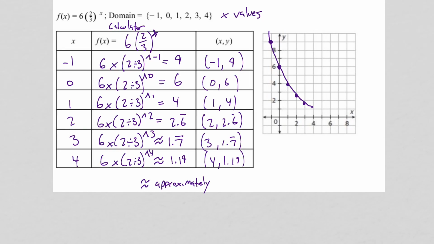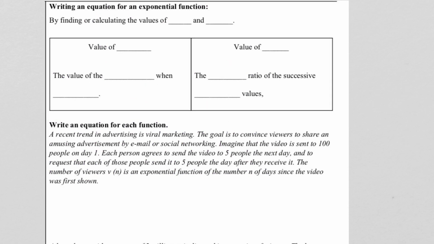So from here, we're going to move on to the next page. Writing an equation for an exponential function. So the exponential function is f of x is equal to a times b to the x, and we find it by calculating the values of a and b.